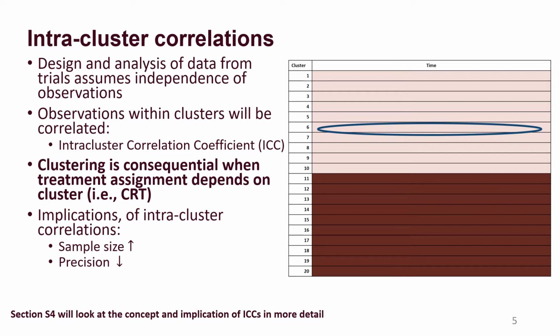And the implication of these correlations is that it inflates the sample size or decreases the precision of the estimate of the treatment effect. In other sessions, we'll look at the concept and implications of intra-cluster correlations in more detail. But here it's sufficient to realize that because of this correlation, the required sample size increases and the precision of our estimated treatment effects decreases.